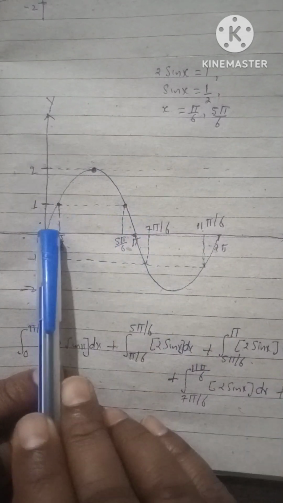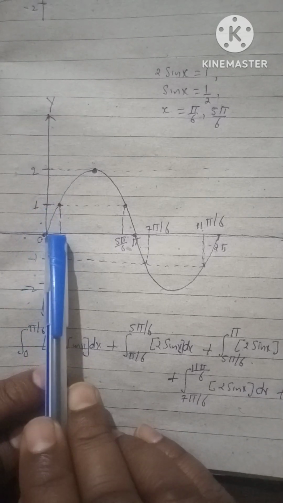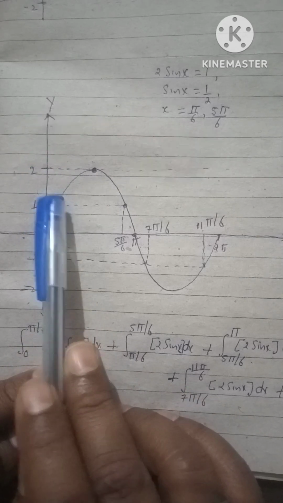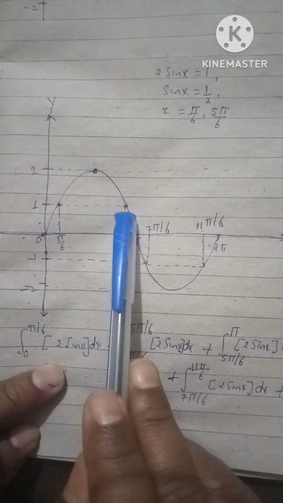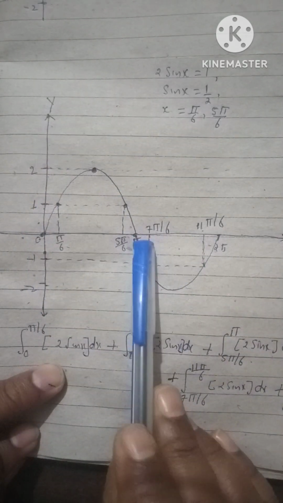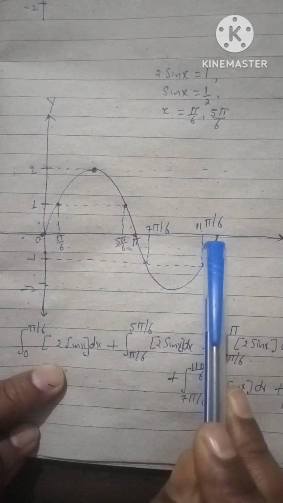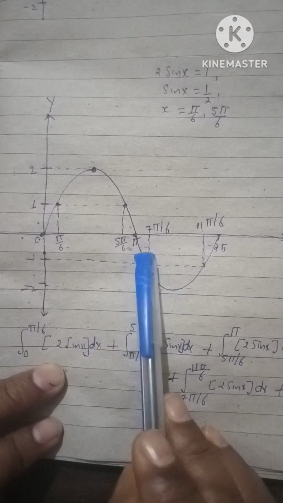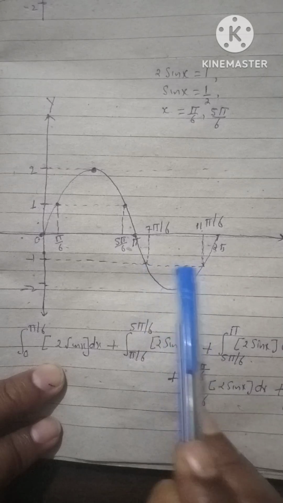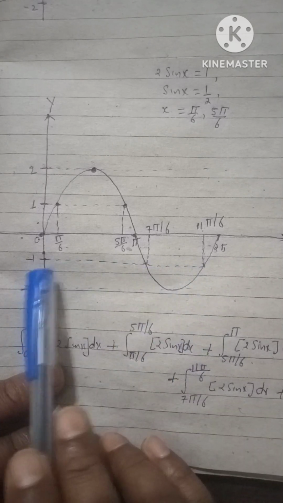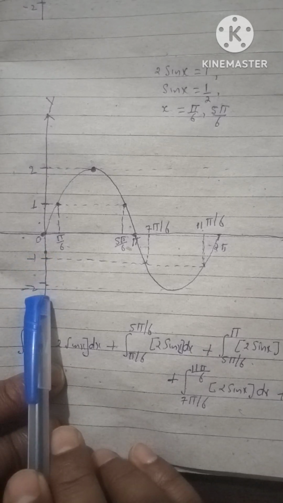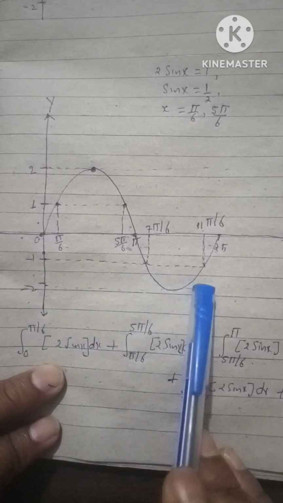First and third, from 0 to pi by 6, are equal to 0, and from pi by 6 to 5 pi by 6, the greatest integer of 2 sin x will be 1, and this area has the same value. And from 7 pi by 6 to 11 pi by 6, this area will be minus 2. We can take any value between minus 1 and minus 2, so we get the greatest integer as minus 2.